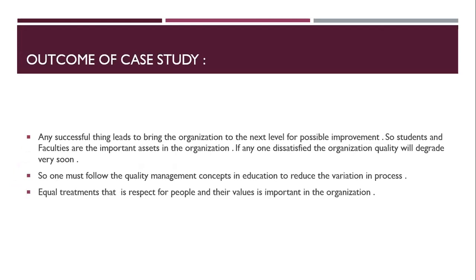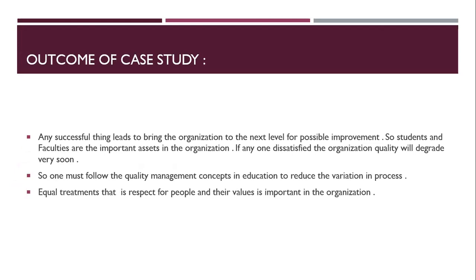So what is the main outcome of the case study? Any successful thing that leads to bring the organization to the next level for possible improvement. So students and faculties are the main important assets for the organization. If any one out of the two gets dissatisfied, the organization quality will degrade very soon.